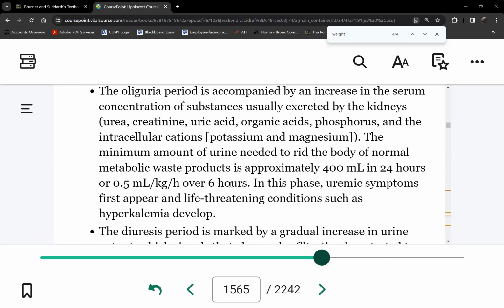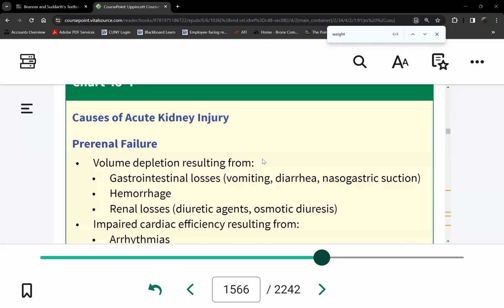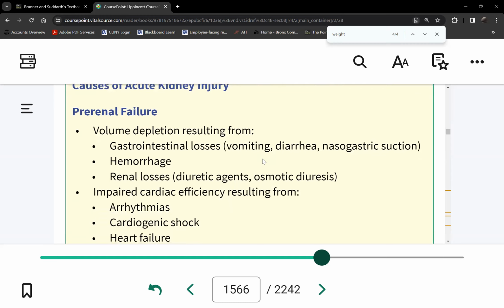If it's pre-renal, what will be the interventions? Do we restrict fluid? No. It will be the opposite. Meaning you still have to treat based on the cause of the AKI. So if the cause is hemorrhage, will we do fluid restriction? Of course not. We have to give fluids, etc. So we treat based on the cause.